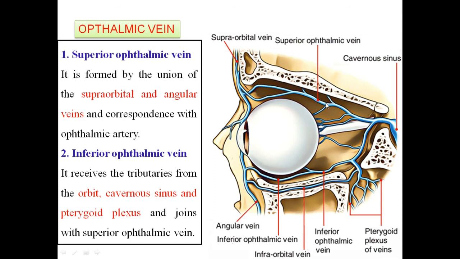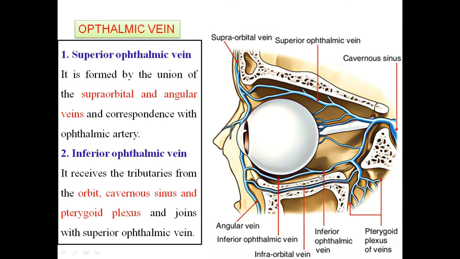So the superior ophthalmic vein is a union of the supraorbital vein and angular vein. You can see that the angular vein is a tributary of the facial vein, and the supraorbital vein drains into the superior ophthalmic vein. Both meet together to form the superior ophthalmic vein.